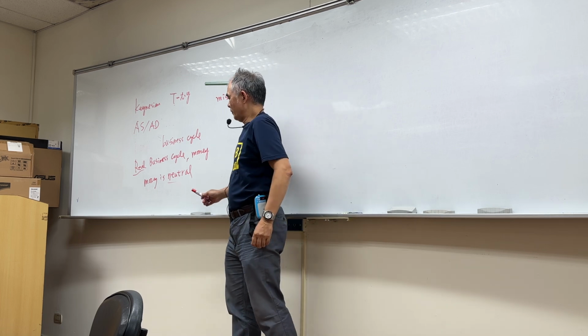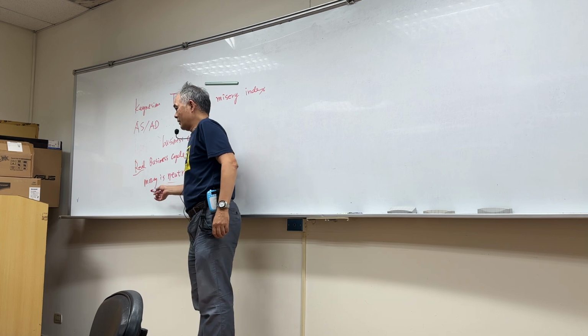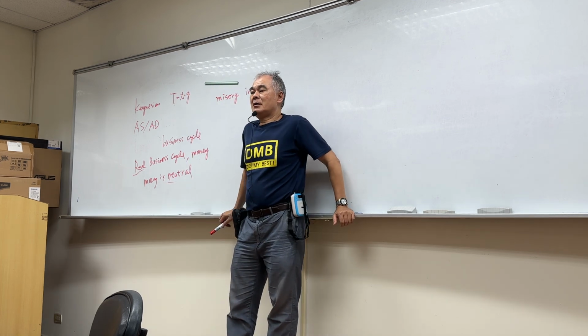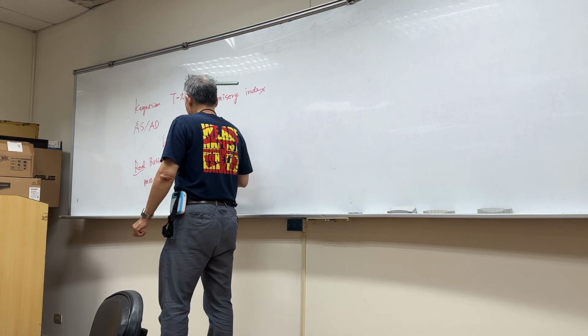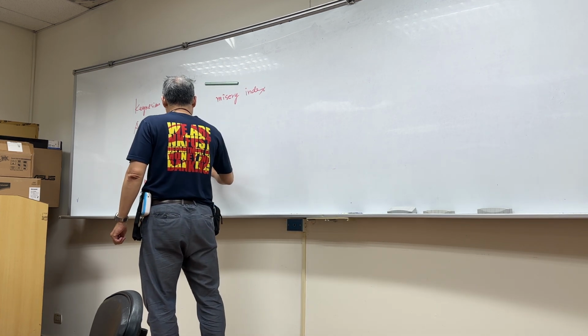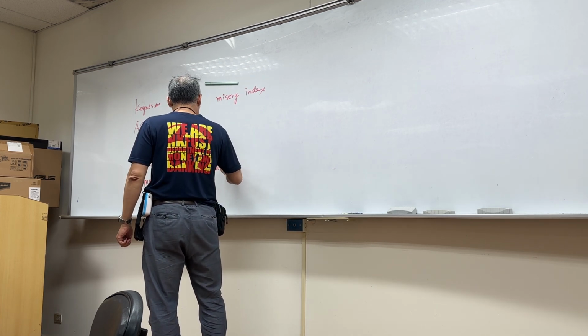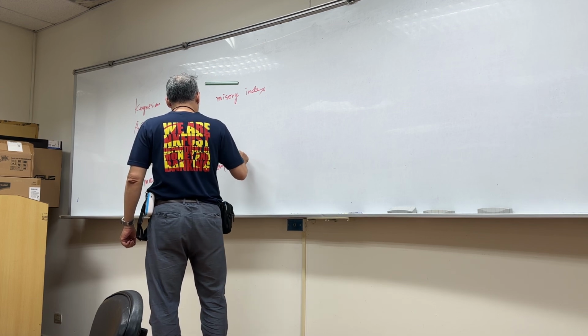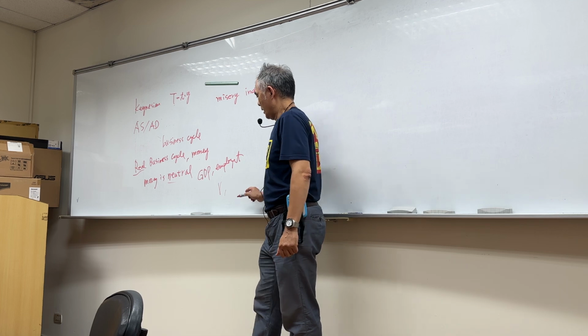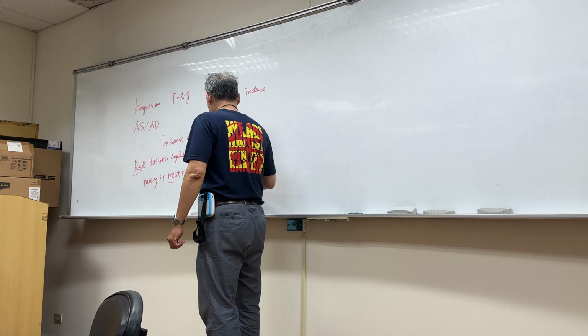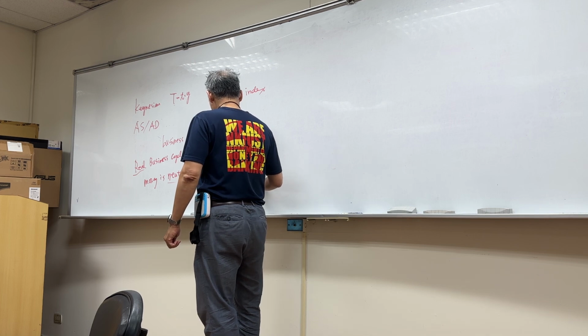And the important thing is that money is neutral. Money is neutral. It means that money will not affect GDP, employment, interest rate, and labor supply, or more generally the labor market.